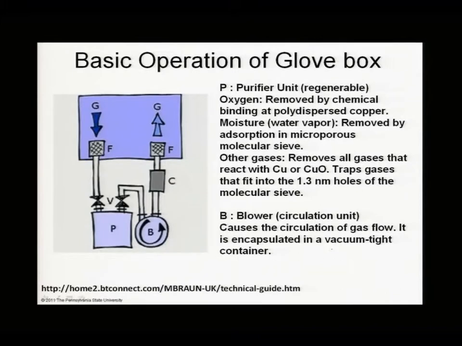And so that's how it works, and it removes all gases that interact with copper or copper oxide, and it traps gases in a molecular sieve. Blower, the circulation unit that we talked about, causes the circulation of the gas flow, and it's encapsulated in a vacuum-tight container. So this is, as we said, a completely sealed system, and a circulating system.